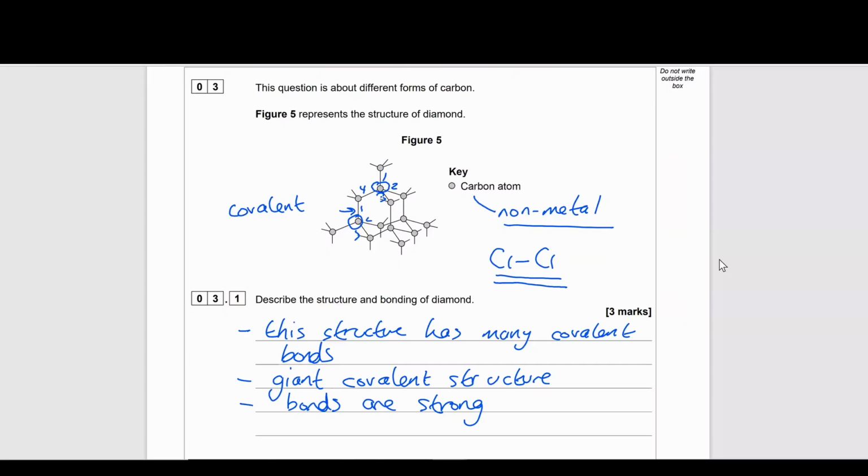There's 1 bond, 2, 3, 4. So we can describe that by saying each carbon atom is covalently bonded to 4 others. If I didn't say that the structure has many covalent bonds, then we could say that it has a giant covalent structure, and that can also give us a point.